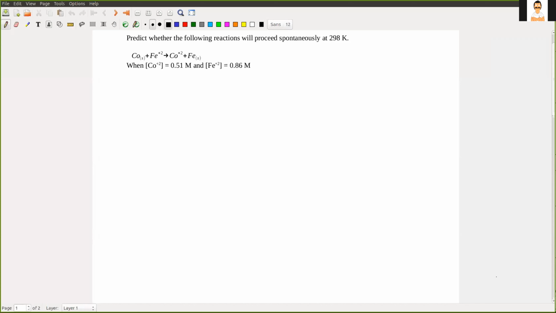Today we are looking at the Nernst equation. This is part one of a two-part series involving the Nernst equation.